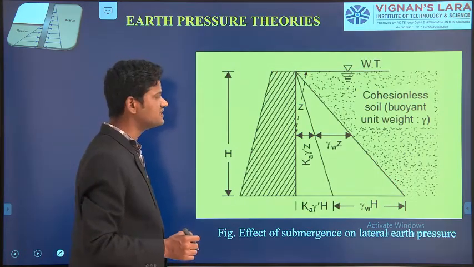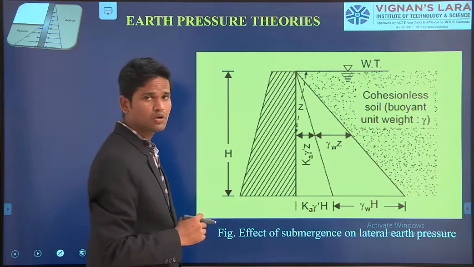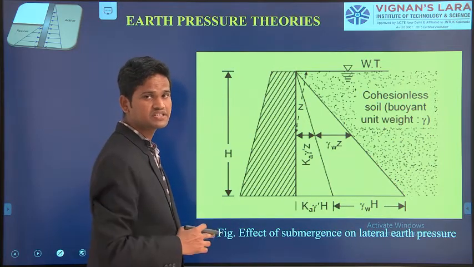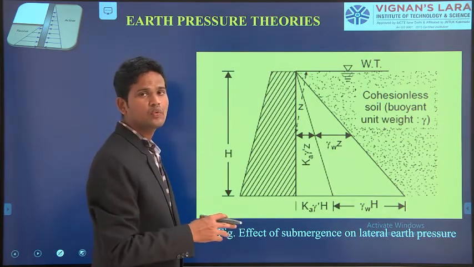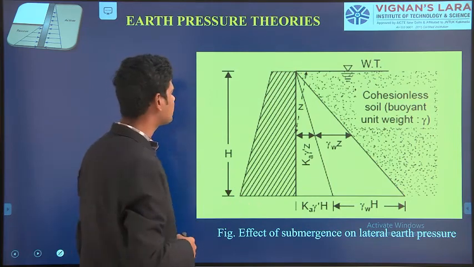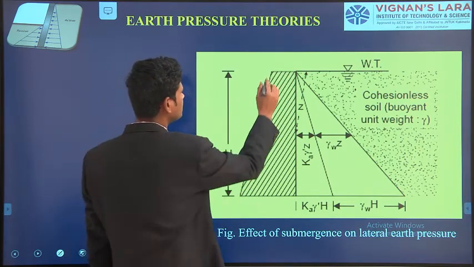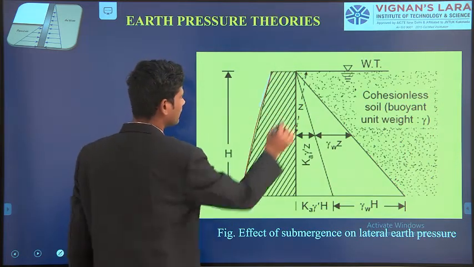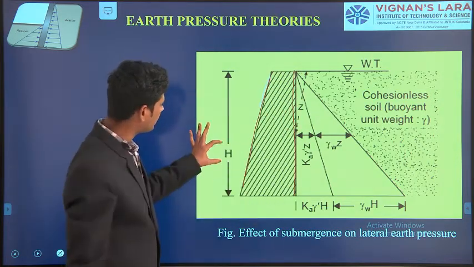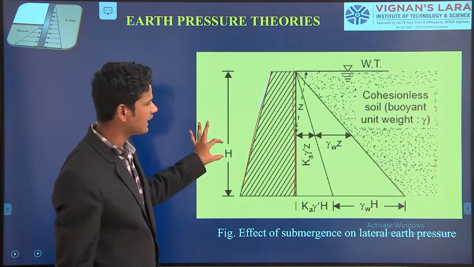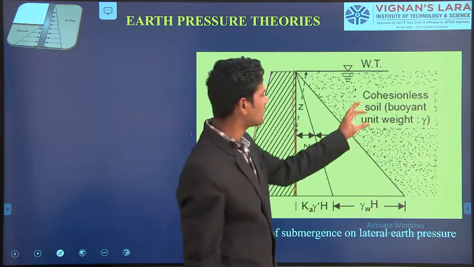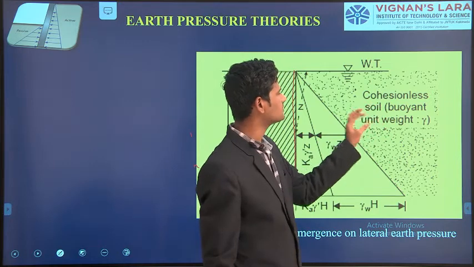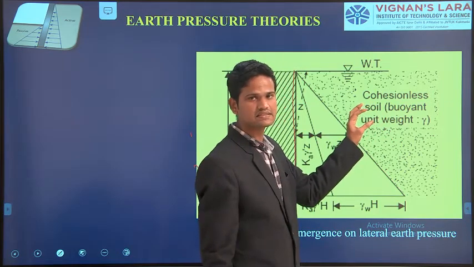And if you see here, this is one more diagrammatic representation of the retaining wall when the soil mass is in a submerged condition. This is the retaining wall, the height of the retaining wall is h, and this is the soil mass. We are considering the soil mass with a submerged unit weight.